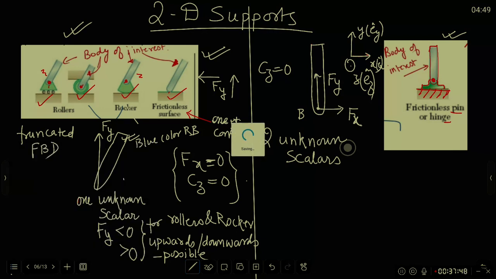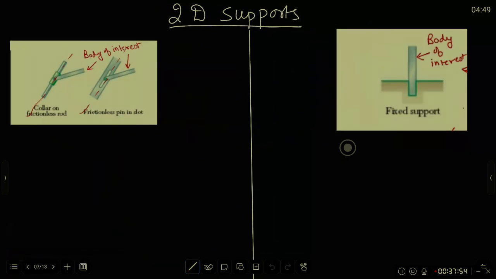Couple of more examples of 2D supports. Let's go to the one on the right first. This is called a fixed support. I have shown you a fixed support earlier also, but that was a general three-dimensional fixed support. This is the 2D version of this fixed support.